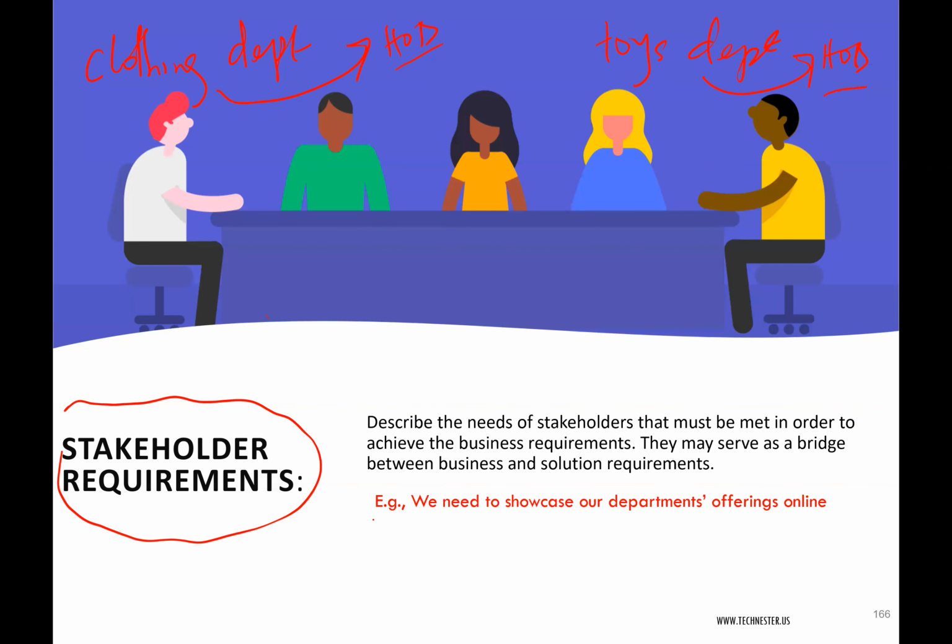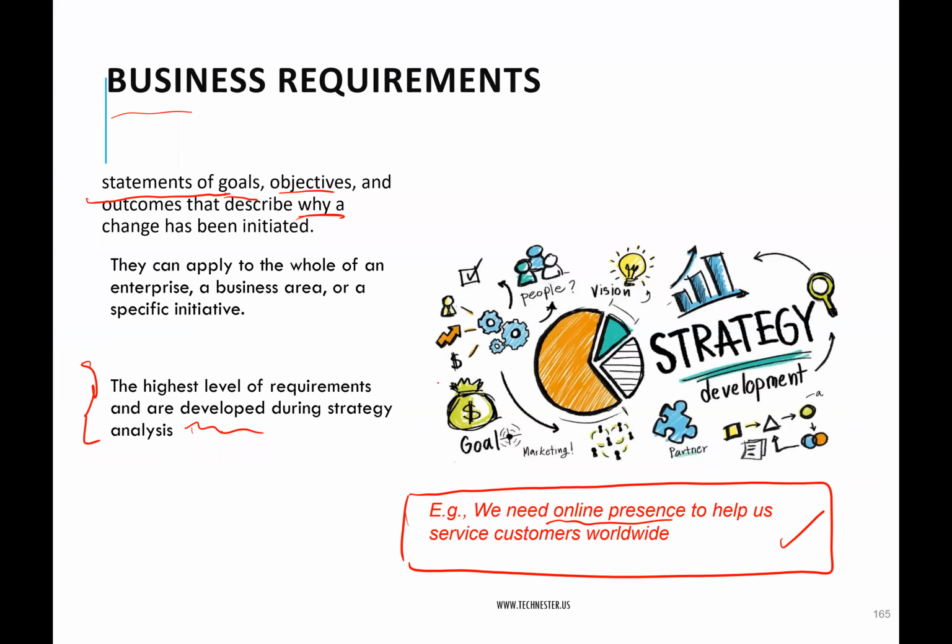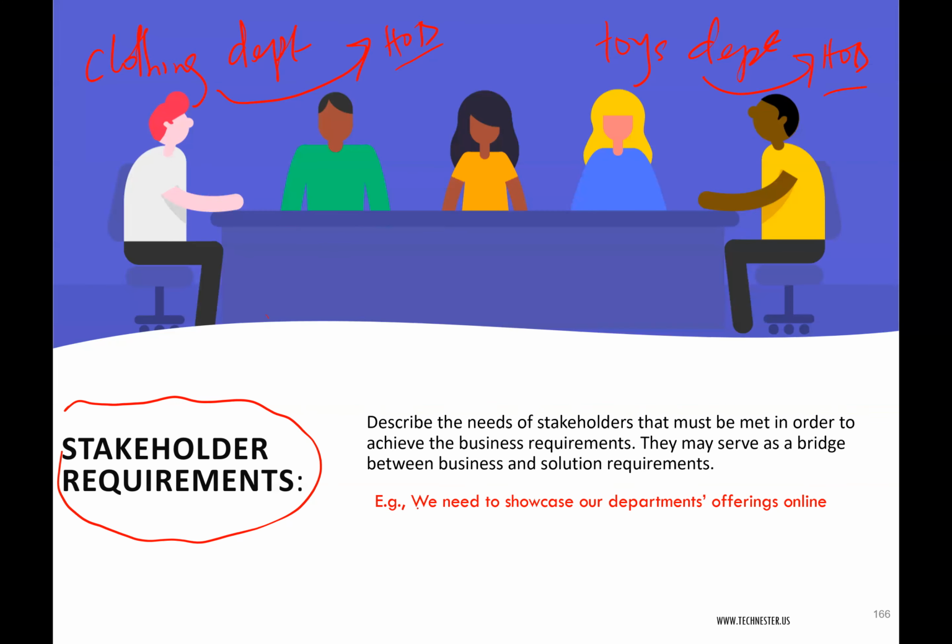So continuing with the example of online presence, right? These stakeholders may now say, oh, we need to showcase our department's offerings online. So each stakeholder may have different offerings, different products or services they are offering, and they want to showcase those offerings online. So you have moved from business requirement to stakeholder requirement.